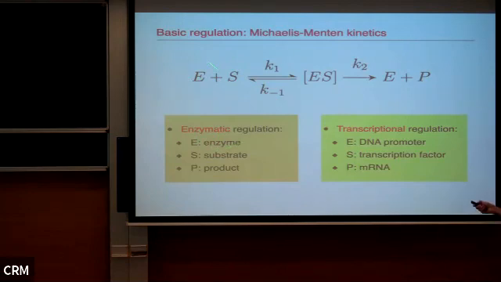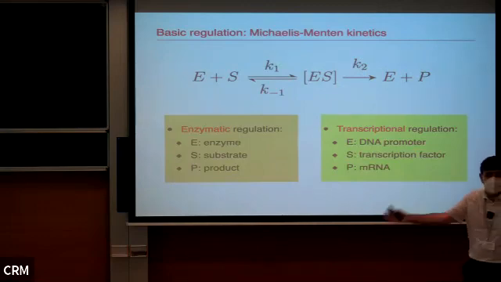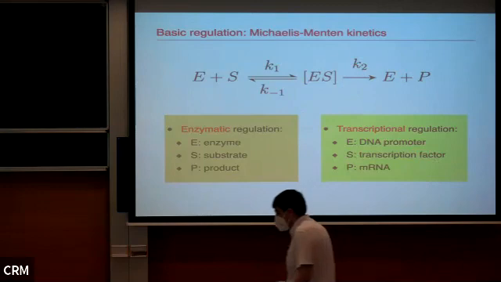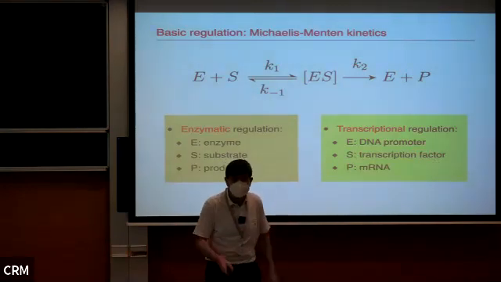But if you have an enzyme that catalyzes the reaction, it binds to the substrate reversibly, forming a complex, and the complex unidirectionally produces the product and releases the enzyme again, so the enzyme is conserved. This dynamics is in all the textbooks on enzyme kinetics, and it is one of the few things that many biology students ever see mathematically.